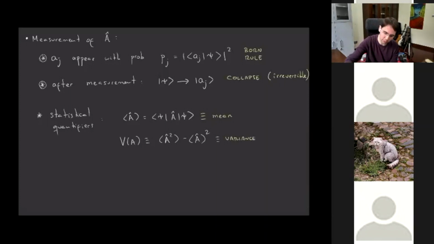What's important about the variance is that it allows us to define its square root, that we will call uncertainty. And it provides the spread of the outcomes in the experiment around the mean.